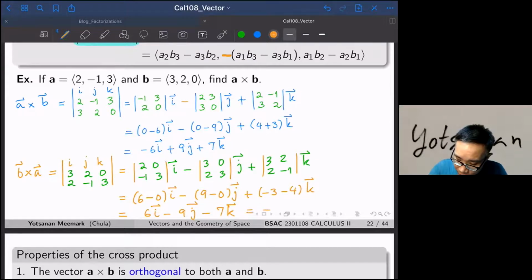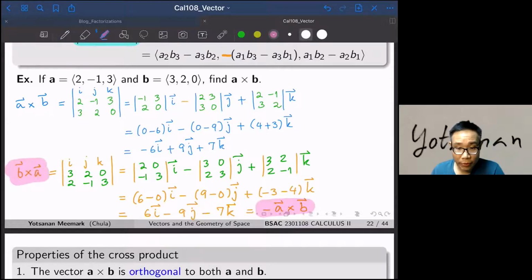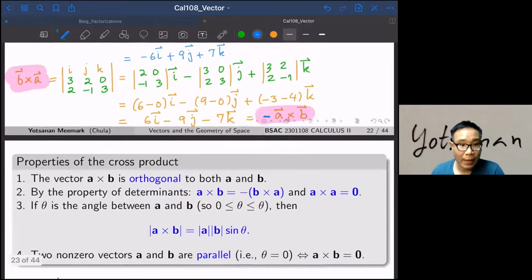So this will be equal to negative of A cross B. Okay, so the important notice is that B cross A turned out to be equal to negative of A cross B. So we're gonna conclude the important property here, that A cross B is equal to negative B cross A, okay?